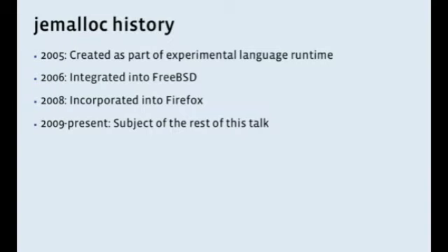Made a lot of incremental improvements over the next couple of years. And then in 2008, worked with some engineers at Mozilla to integrate it into Firefox 3, basically replacing the Windows memory allocator, which has some horrible fragmentation characteristics. I'm told that's been fixed since in the latest version of Windows, but it certainly was a problem back then.